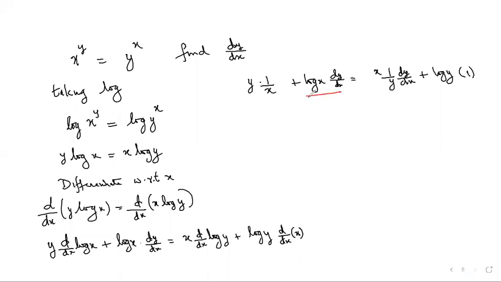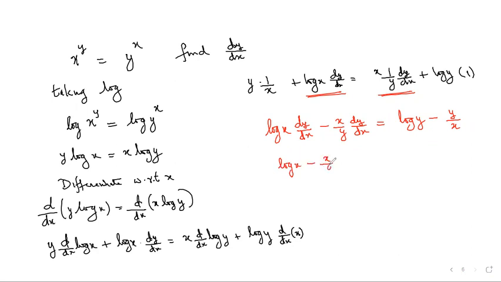There are two terms with the dy by dx. Bring them to one side. There are two terms without dy by dx. Bring them to one side. Now take dy by dx common. So this part is always same for every problem.